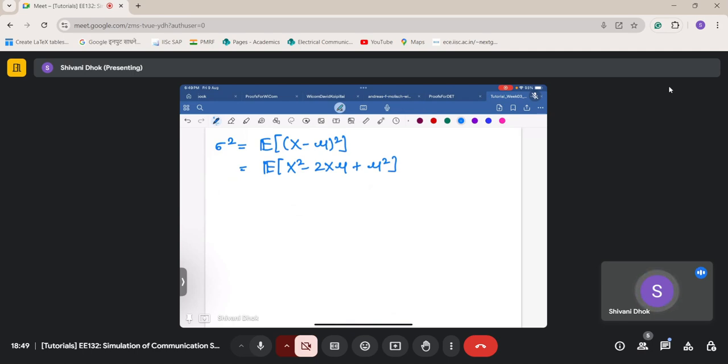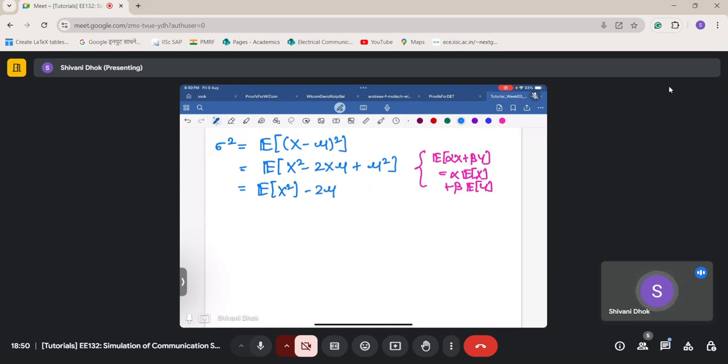Then we can apply linearity property of expectation. That is, expectation of alpha x plus beta y will be equal to alpha times expectation of x plus beta times expectation of y. So we can use that, and therefore we'll have expectation of x square minus 2 mu.